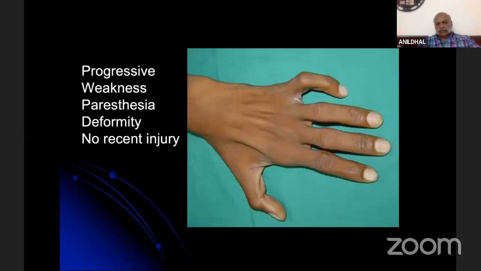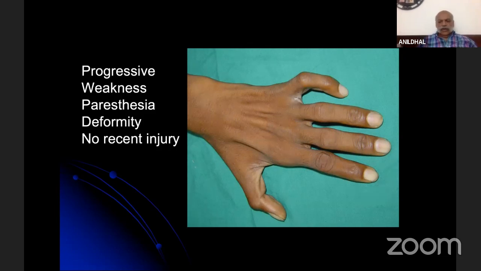Well, this patient came to the OPD and he just showed his hand and he said that there has been a progressive weakness with paresthesia in the little finger and the ring finger over the last 1 year. The deformity is on the ulnar side, it is gradually increasing, and on questioning him, he said he has sustained no recent injury.